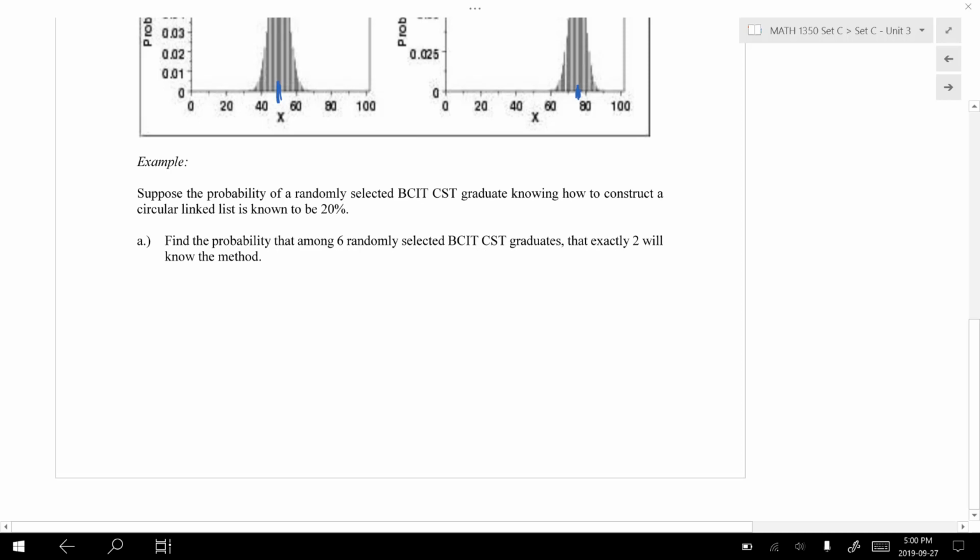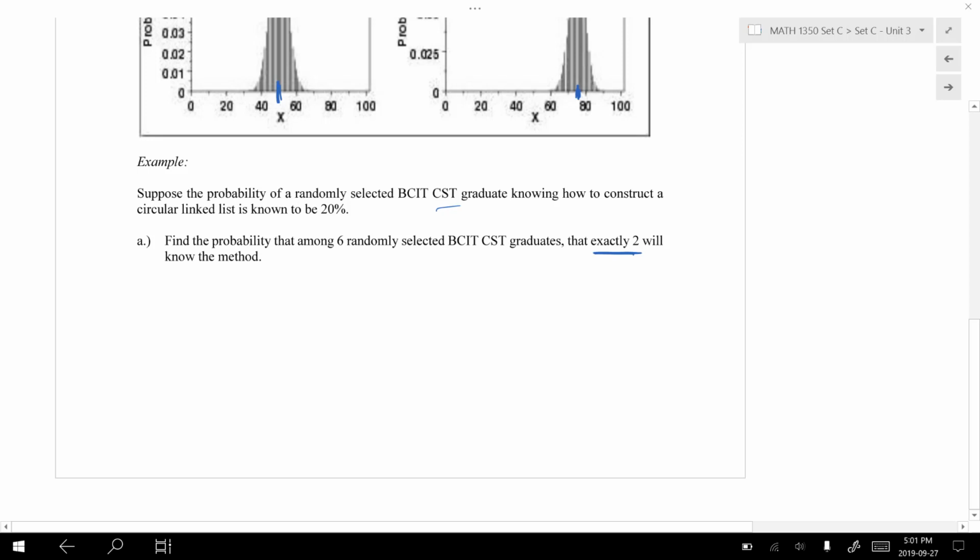Let's think about the probability of these randomly selected students, again, knowing how to construct a circular linked list. Perhaps we know that the probability is about 20% of picking a random CST graduate. Now, we may wish to select 6 total, and we are interested to know the probability that exactly 2 will know the method here.